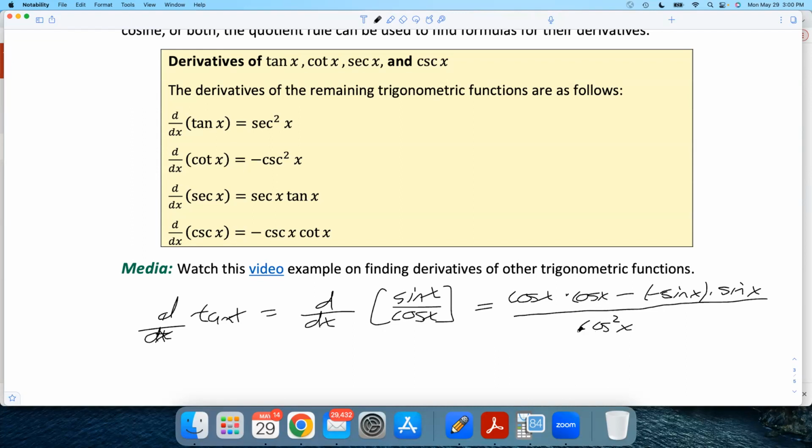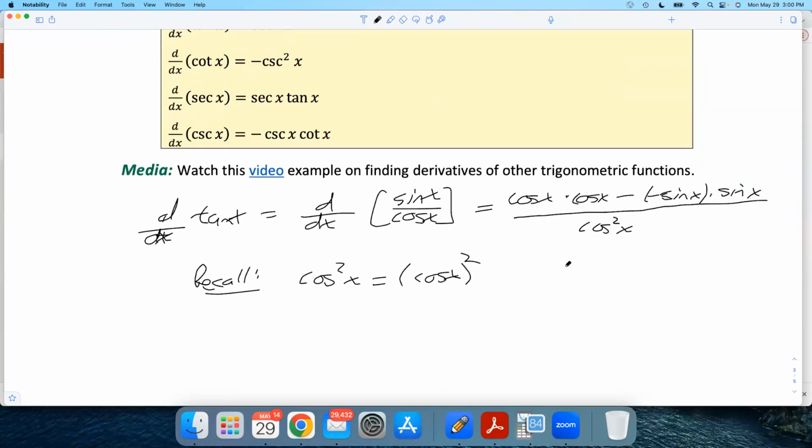Remember, this notation, cos squared of x, means, so let me recall here. If I were to write this, that means take the cosine, get an answer, and then square it.